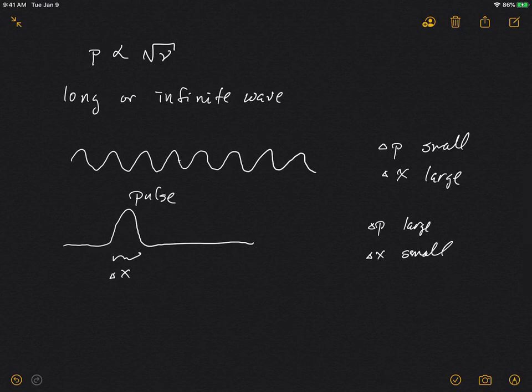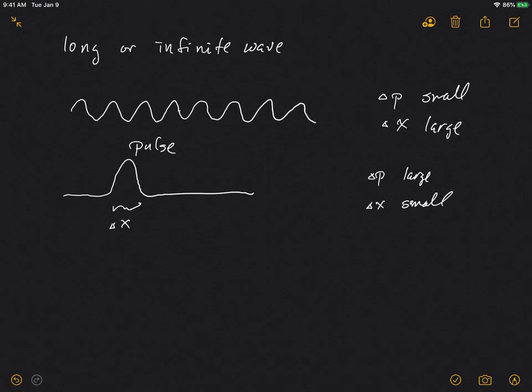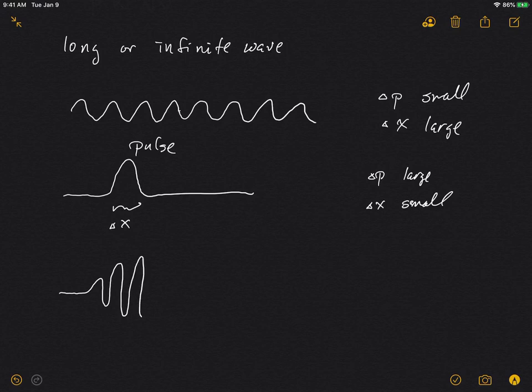And you can imagine some in-between cases where you've got something kind of like a wave packet where it looks a little bit like this.